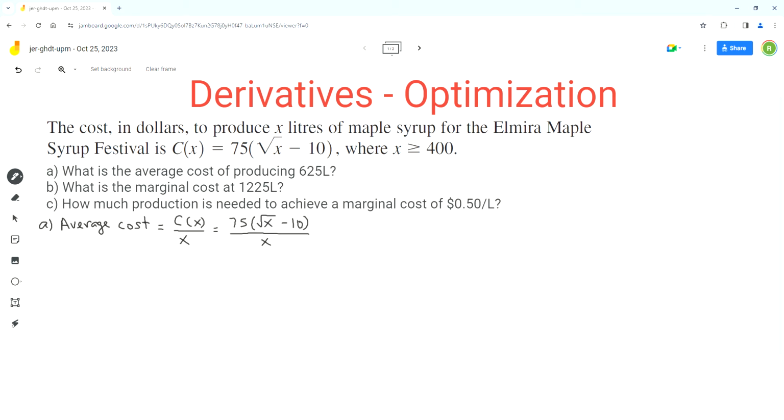Now we have to find the average cost of producing 625 liters, and x represents the volume. So in the next step, we should sub in x as 625. We get average cost equals 75 times (√625 − 10) over 625. Now we can simplify the numerator.